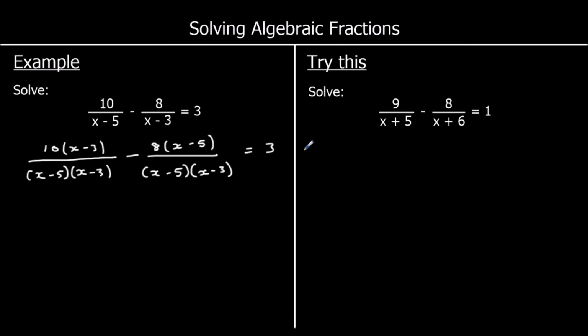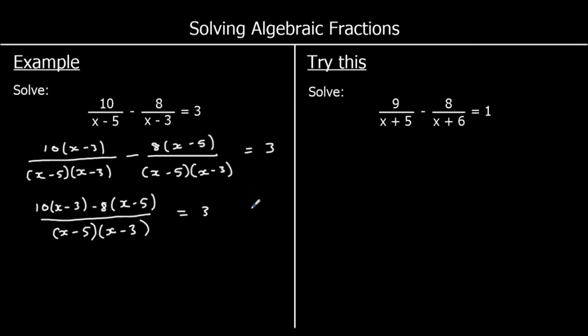Now we've got the same denominators, we can add the fractions or take them away. So it's going to be just one fraction over x minus 5 times x minus 3. And I'm going to leave the top for now. I'm not going to expand it. So 10 times x minus 3 minus 8 times x minus 5. And that's equal to 3.